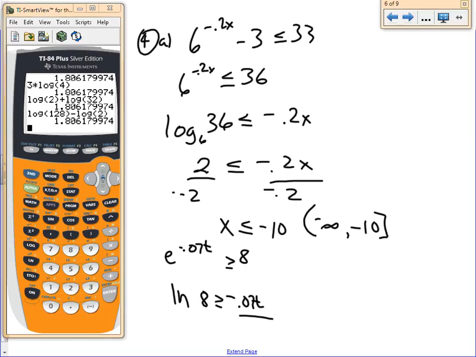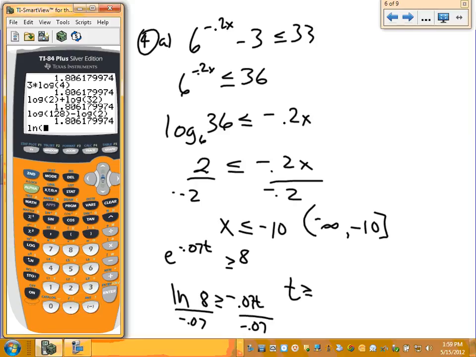Let's take the calculator here. Divide by negative 0.07, divided by negative 0.07. T is greater than or equal to natural log. To get your natural log button, it's over here. It's ln 8 divided by negative 0.07. I get negative 29.71.